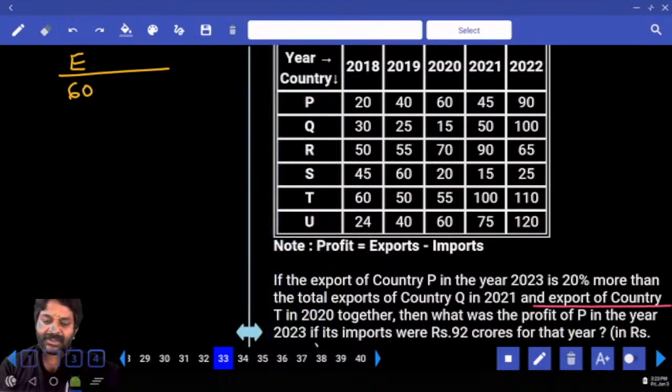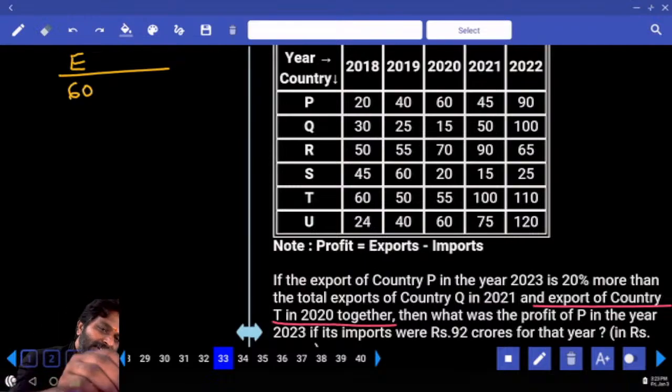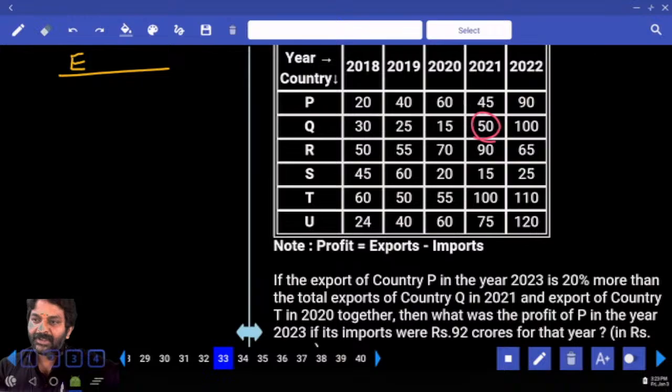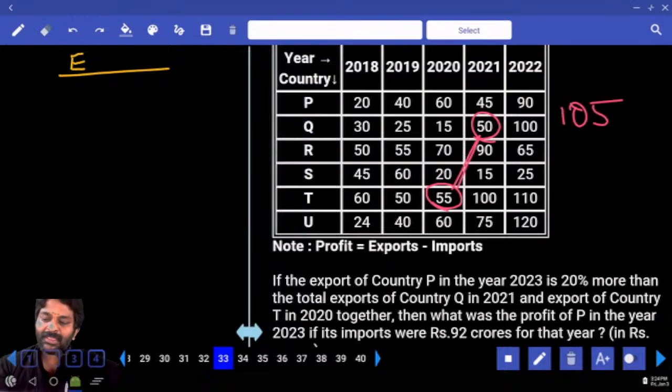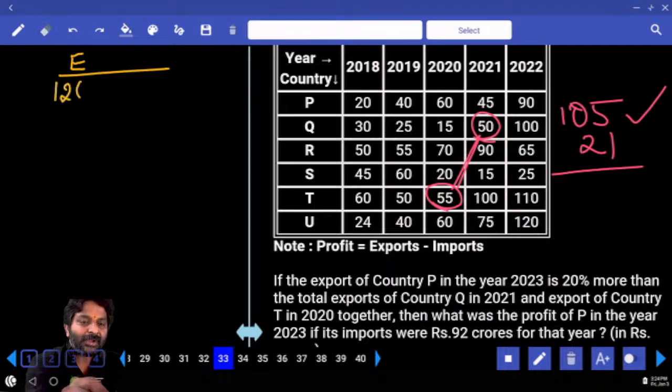And the export of country T in 2020 together, 50, Q in 2021, T 2020 55, both together, and P in 2023 is 20% more than this number. 10%, 10.5, double 21, 21 more, 126.